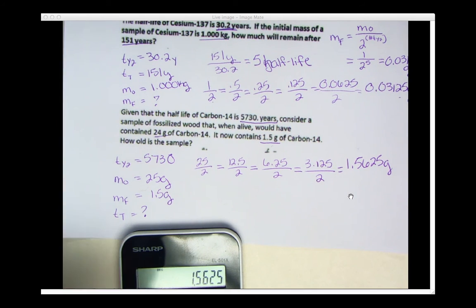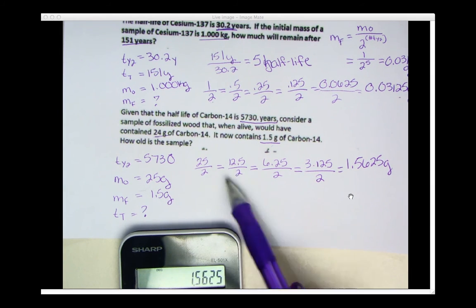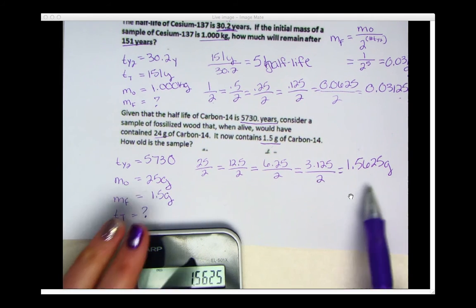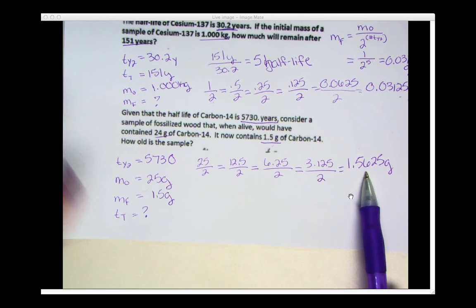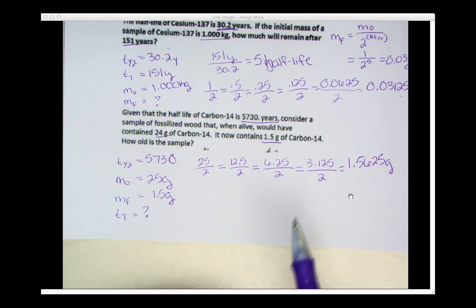Now, we're not exactly at the 1.5 mark, but we're really, really close, so we're just going to assume that the sample has gone through a little bit more than 1, 2, 3, 4 half-lives. It's not quite to 1.5, so it's going to decay a little bit past the 4 half-life point, but we're just going to do 4 half-lives with our calculations.